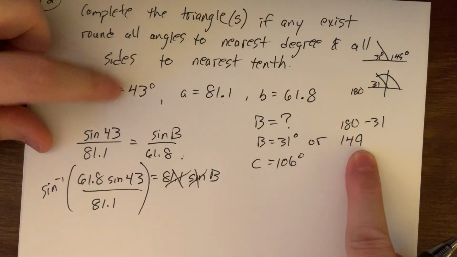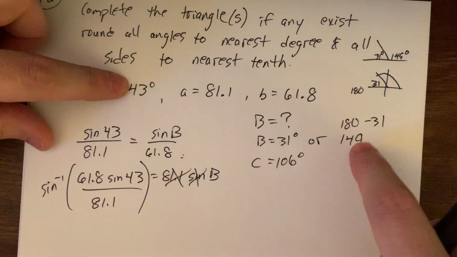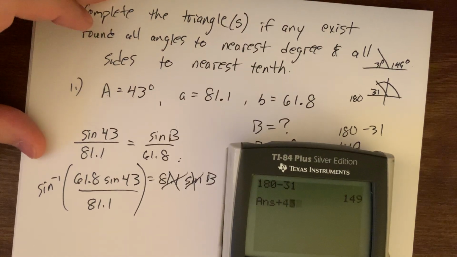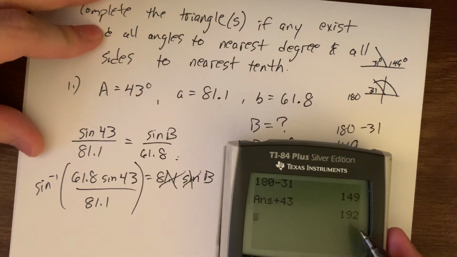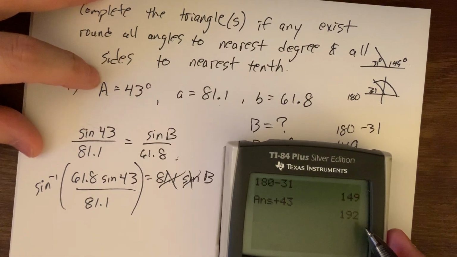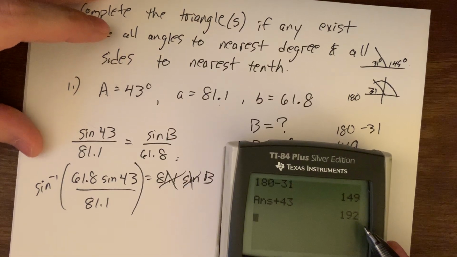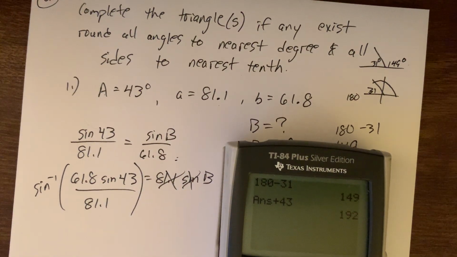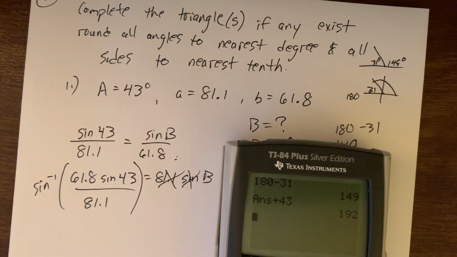If angle A is 43 and if angle B is 149, just adding those two together, I'm already getting 192 degrees. If we literally follow that formula, A plus B plus C equals 180, we would get C is negative 12 degrees. We're not looking at our standard unit circle, everybody. That negative 12 makes no sense.